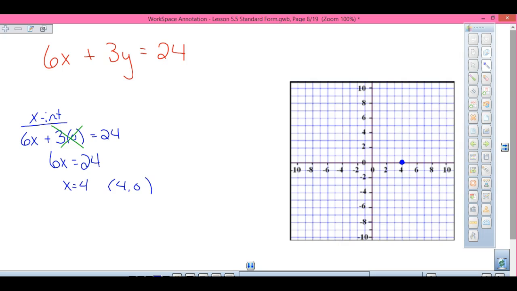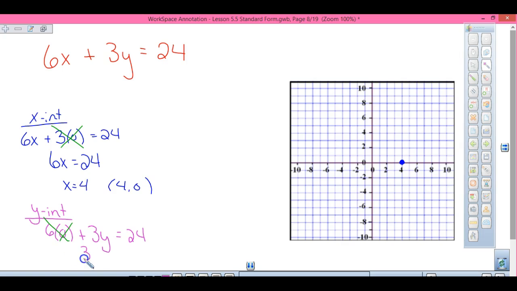Okay, what else do I need to find? The y-intercept, we just found the x-intercept. So to find the y-intercept, I do what? I'm putting 0 in for what? For x, yep. So 6 times 0 plus 3y equals 24. That goes away.